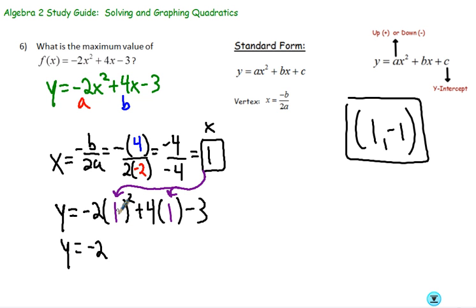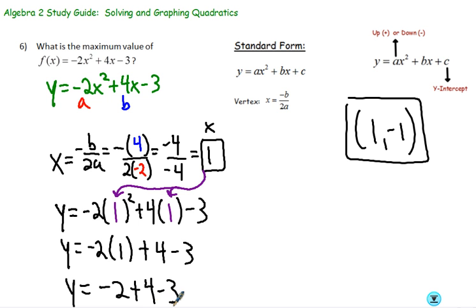Again, you do your exponents first. So 1 squared, which would be 1, plus 4 times 1, which is 4, and then -3. And you could do a little bit of this mentally. I'm just kind of showing you the steps on this. -2 plus 4, which would be 2. 2 minus 3, which would be a -1. So that would be my y value. So the vertex would be at 1, -1.